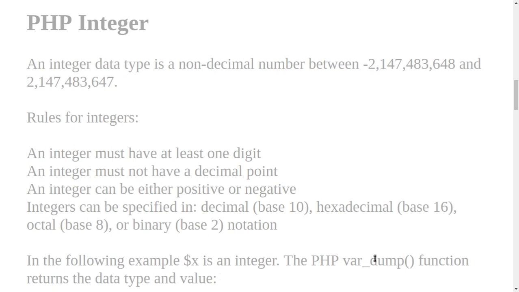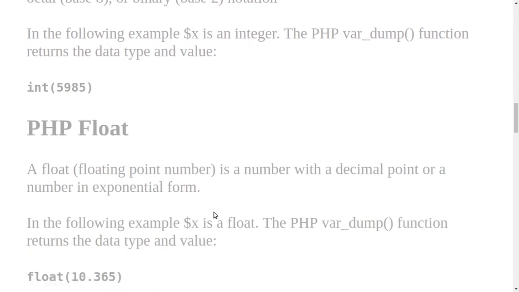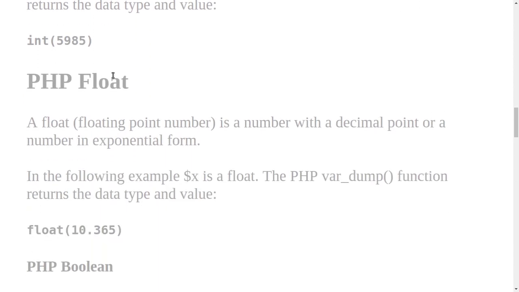The PHP var_dump function returns the data type and value. int 5985.